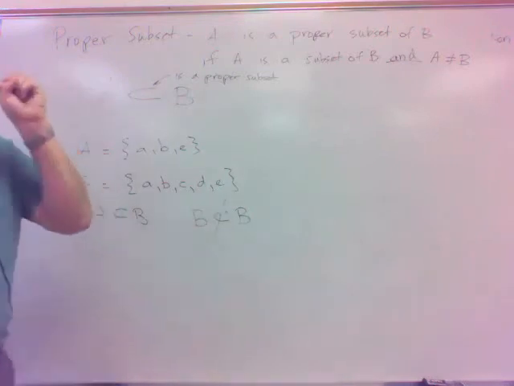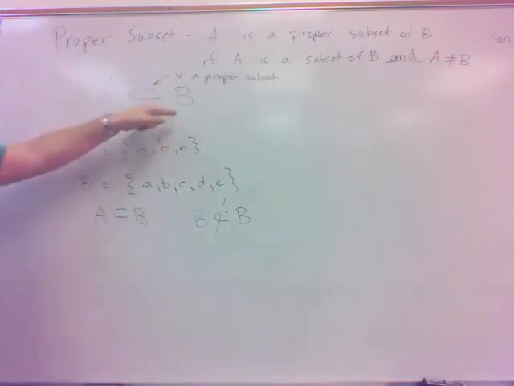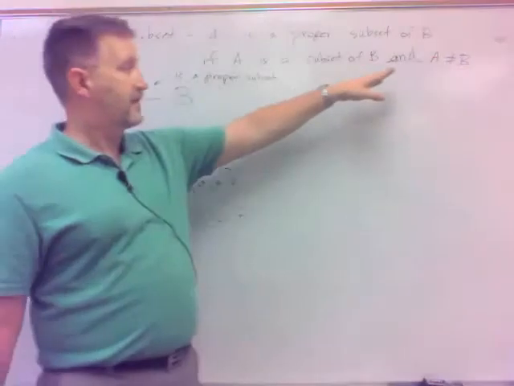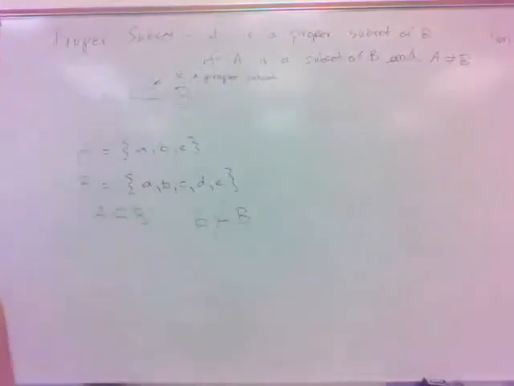To be the specialized proper subset that we're talking about, the set has to be smaller. For A to be a proper subset of B, A can't equal B. So that just means A is a smaller set than B. That's another way you could put it. It's a subset, and it's a smaller set than B.